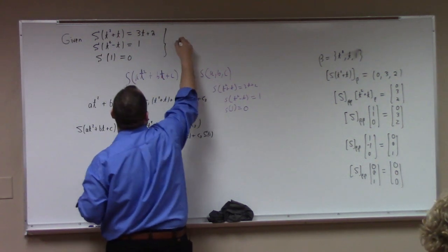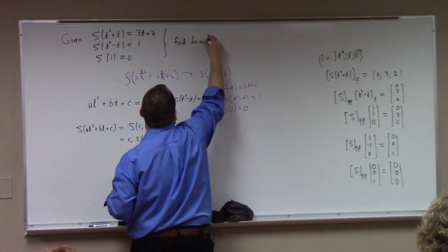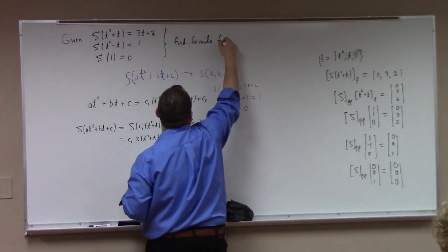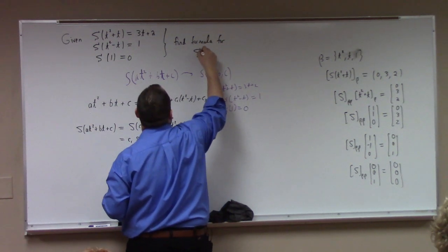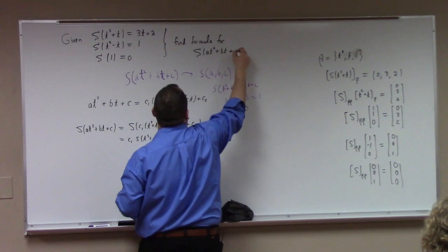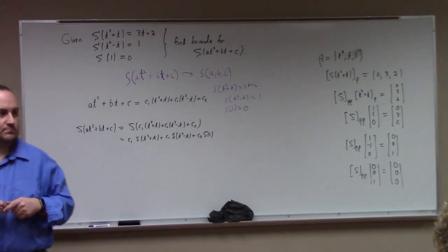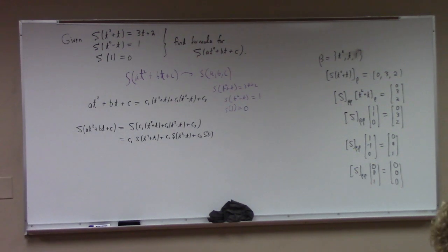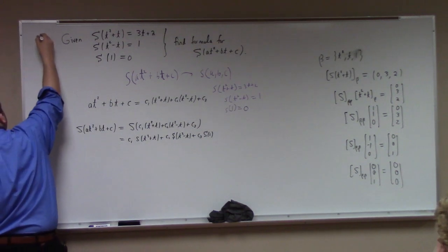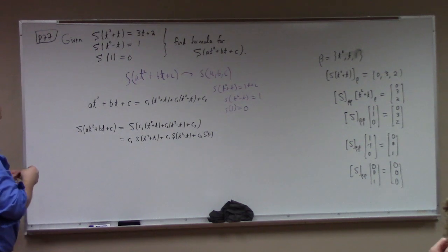What you're asked to do is to find a formula for S of at squared plus bt plus c. I think this is one of your homework problems. Oh, problem 77. I at least should make you figure out which one that is, but oh well. So this is problem 77.